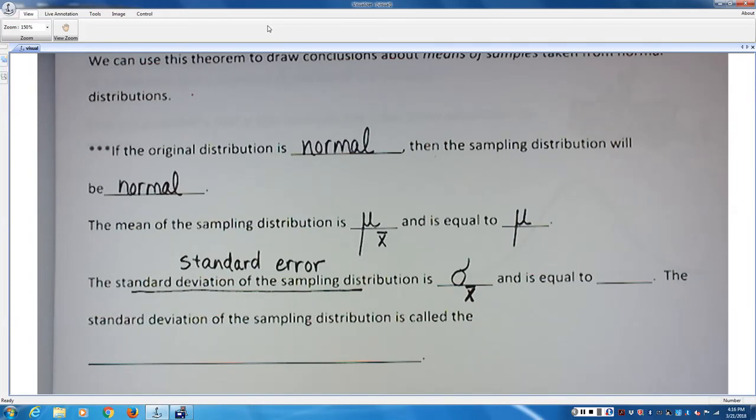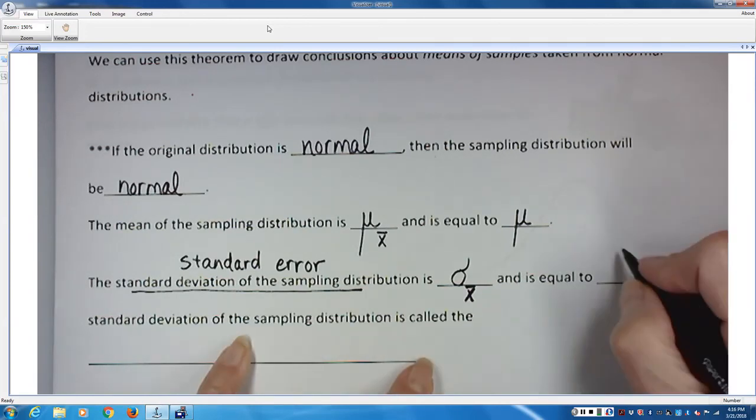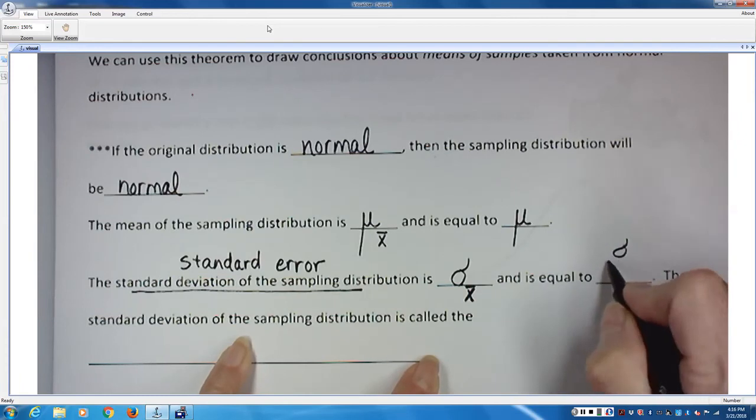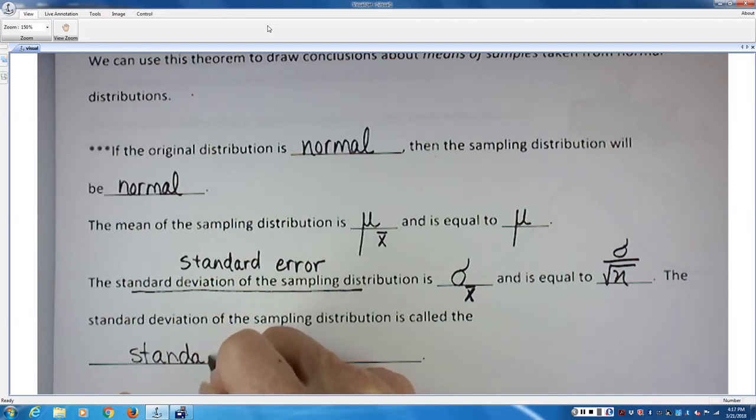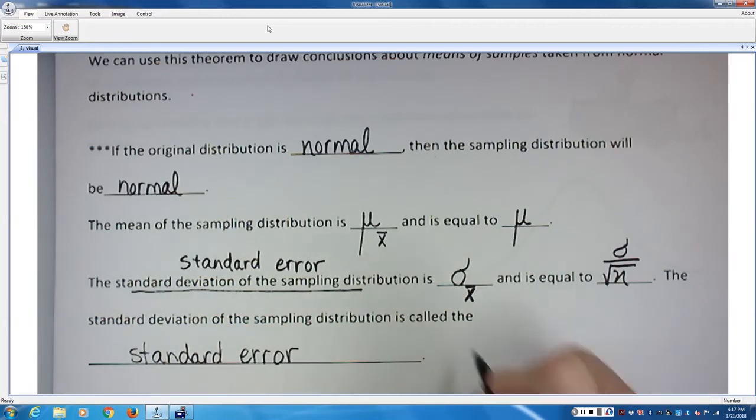Okay? To find it, you need to know the population standard deviation and the sample size, and divide the population standard deviation by the square root of the sample size. So the standard deviation of the sampling distribution is called the standard error. And some textbooks actually use this abbreviation for it, but I don't think that yours uses it.